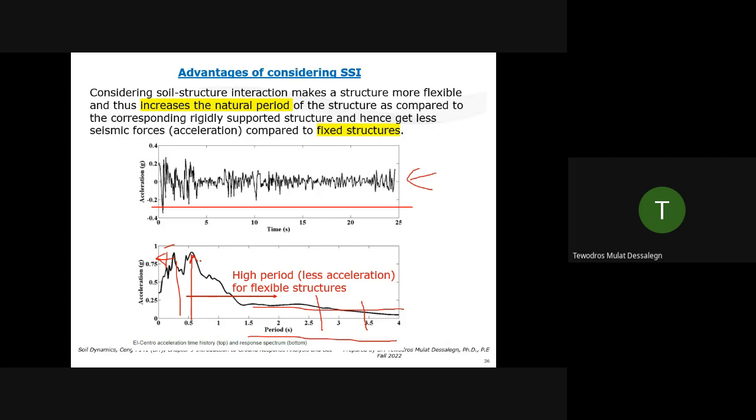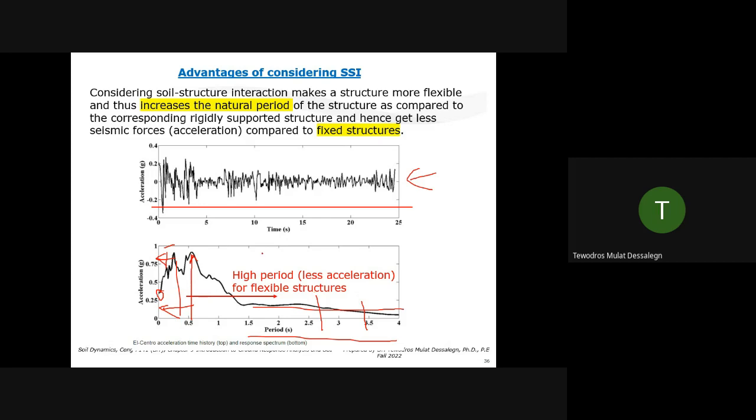They stood still, maybe with minor cracks, window cracks, something minor. The shorter, stiffer ones were badly hurt. So the stiff ones get low period. If something is rigid, it has low period. Remember, the zero period is the ground itself. That's rigid. If it gets flexible, it's going to be high period.